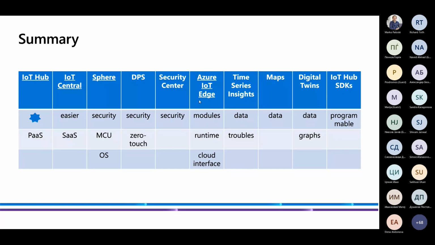Azure IoT Edge has modules, runtime and cloud interface. Then we have Time Series Insights for data, Maps for data too, and Digital Twins for data and graphs. And last but not least, SDKs, which are programmable.